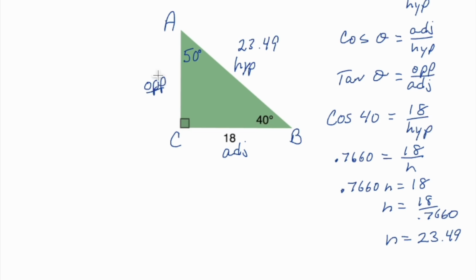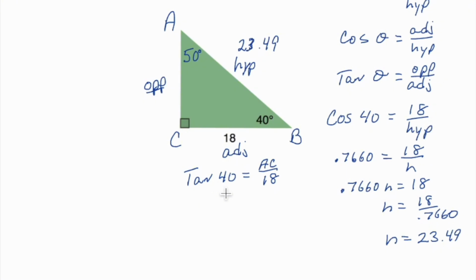And let's say I wanted to find the third side here using trig. Usually at this point I would just go use the Pythagorean theorem, but let's say I wanted to find this third side using trig, okay? And I was just thinking about the 18, so I would start with the tangent formula. So we're going to have the tangent of 40 is equal to the opposite, which is AC, over the adjacent, which is 18.